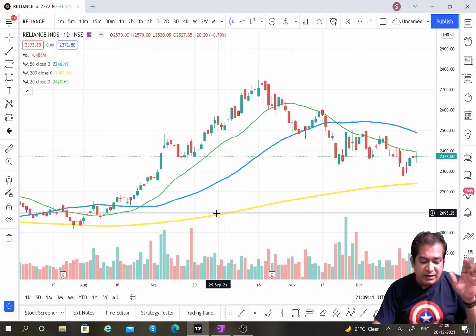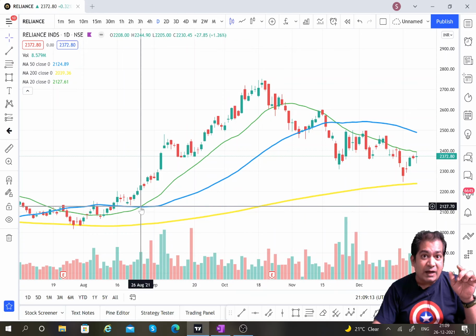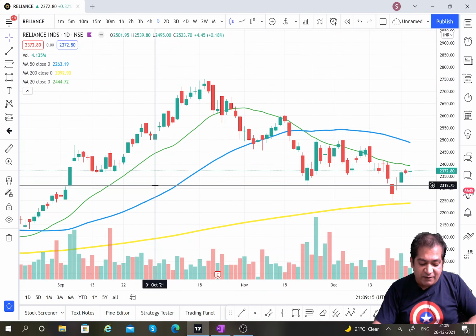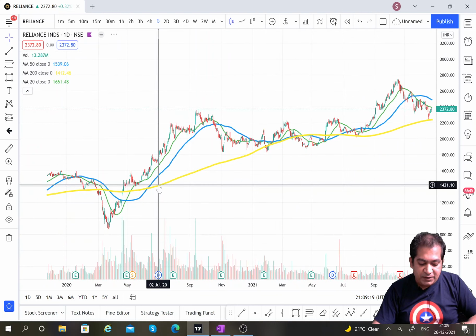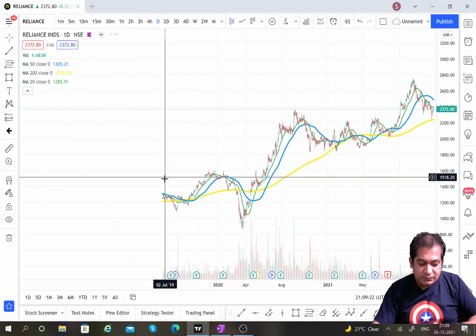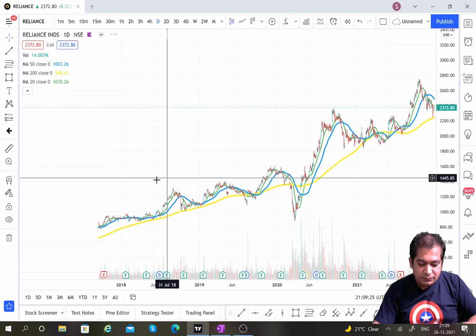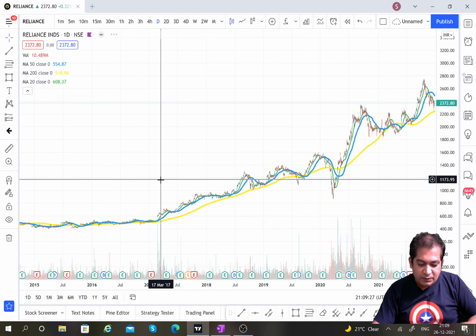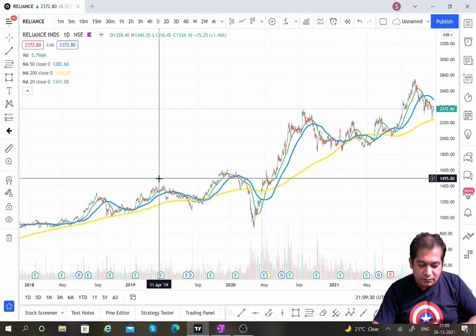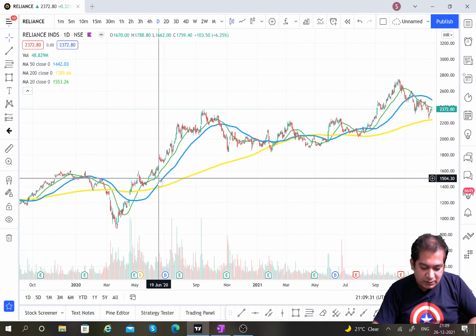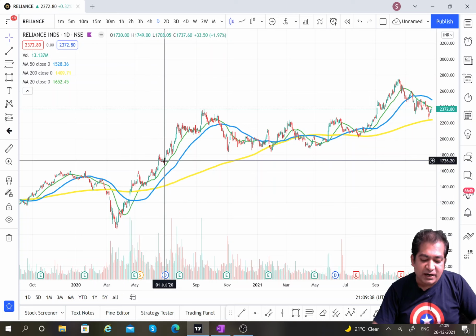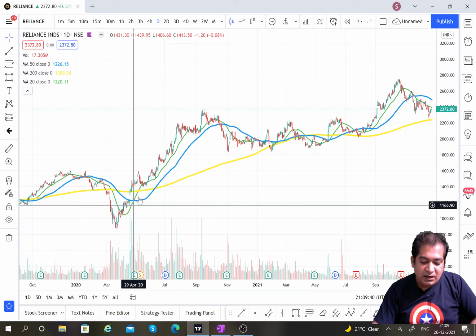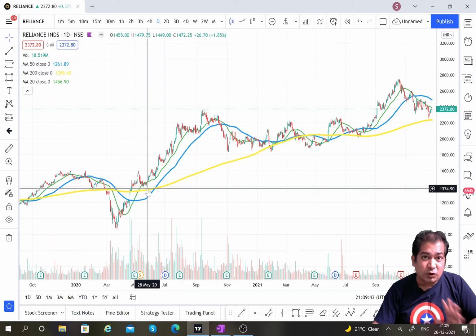Suppose this crossover had happened below the 200 period moving average, let's say, you see, let me come down. You see at this point, again the crossover is happening, but below it is very risky. You should not enter, because maybe Reliance has given you a good ride, but as I've told you, the 200 period moving average works as very solid support and resistance.